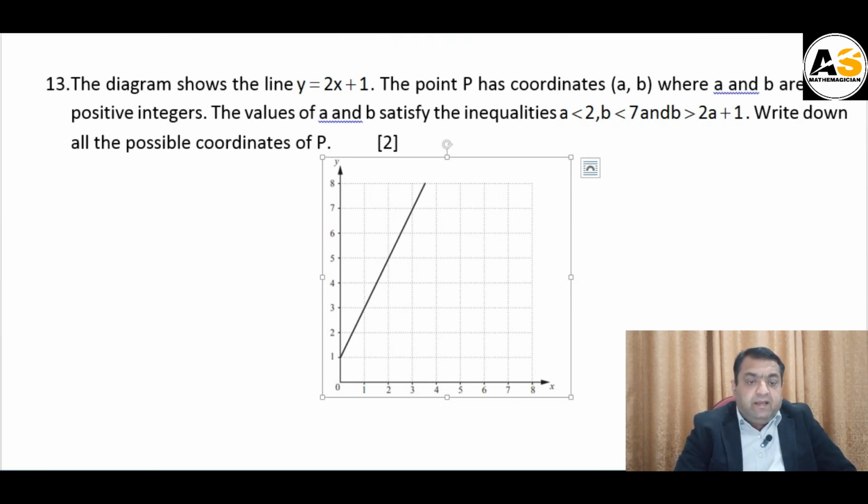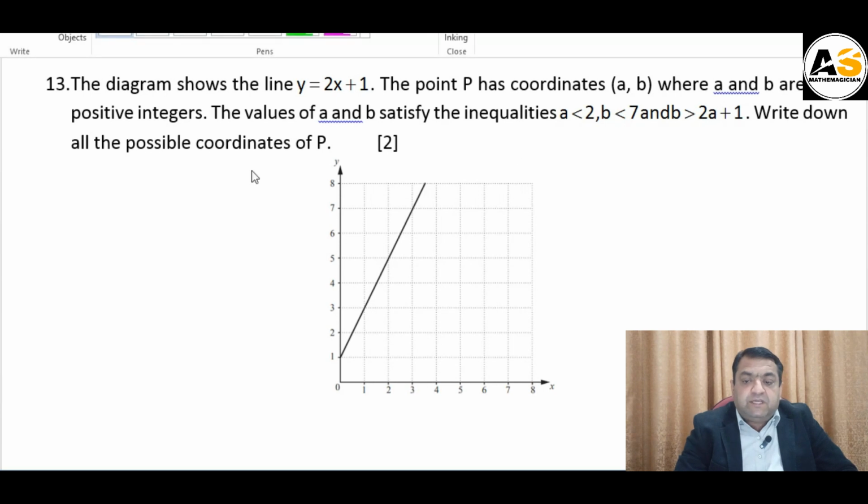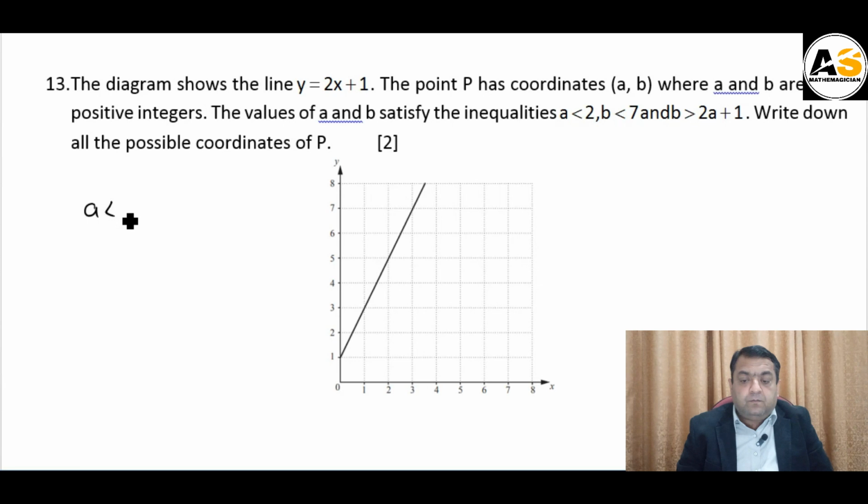So we are given a diagram in which point P has coordinates A and B, where A and B are both positive integers, and the values of A and B satisfy the inequalities: A is less than 2, B is less than 7, and B is greater than 2A plus 1.